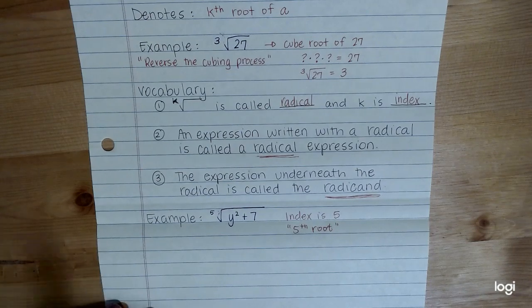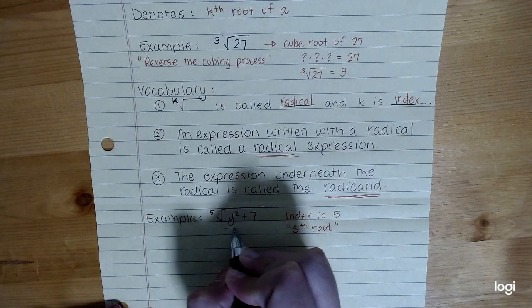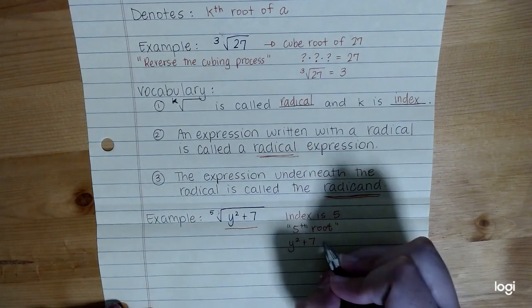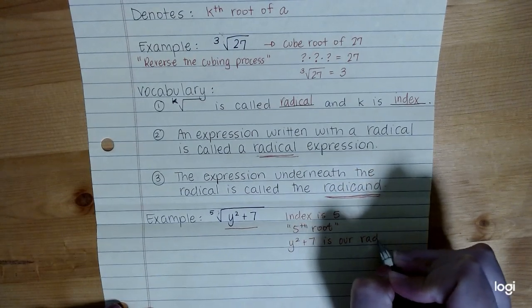And then our radicand is everything that is underneath that radical symbol. So y squared plus 7 is considered to be our radicand.